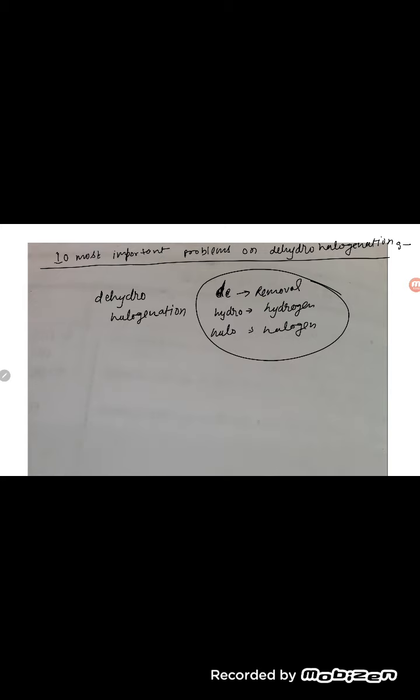Now, dear students, let us see the reagents. For dehydrohalogenation, the first reagent is alcoholic KOH. The second reagent you can use is C2H5ONa, sodium ethoxide, an alkoxide, in C2H5OH solution.